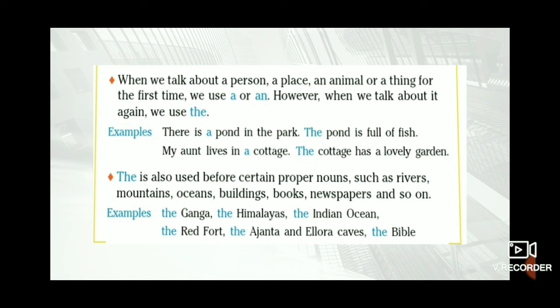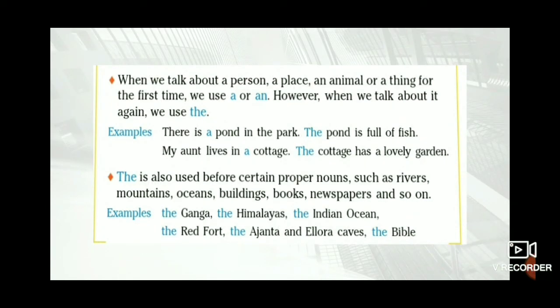But the second time, when I say the pond, it is because I told you already about the pond. So now you and the listener are not unknown about the pond. So now we can use the pond. We cannot say a pond. The second time we will say the pond.